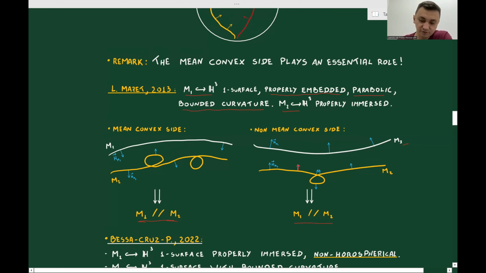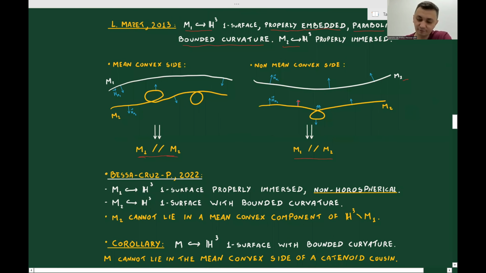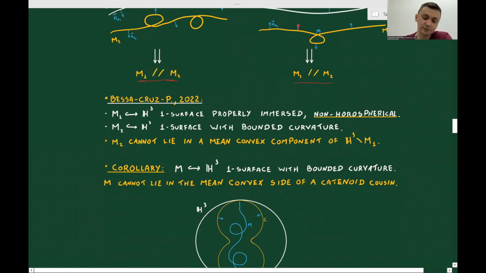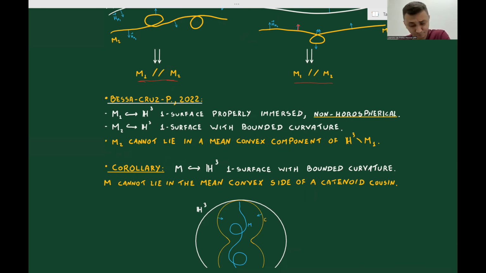Okay, so inspired by these results, Bessa, Cruz, and myself propose this theorem. So we consider M1 just one surface properly immersed, not embedded. But now we have a technical assumption, just technical, maybe we can drop this assumption in the future, but now we need that.